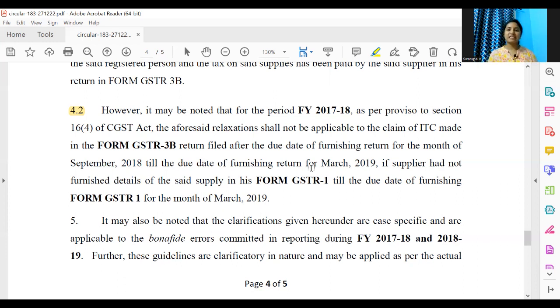So the relaxation mentioned in the circular does not supersede the proviso to Section 16(4), and hence we have to be careful and ensure that if any credit is availed pertaining to 17-18 in the returns of October to March, the credit is allowed only if the corresponding supplier has furnished the details in his GSTR 1. This is the most important catch in this particular circular.